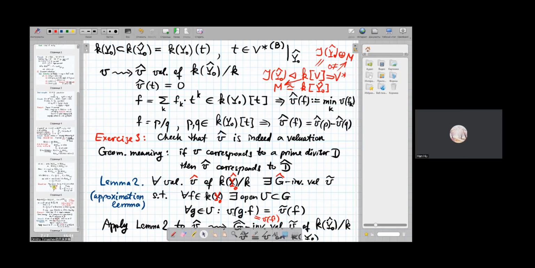Otherwise, V would coincide with V tilde, and this means that your initial V was already invariant, so there is nothing to prove. Indeed, this U may not contain the identity. We shall see where this U comes from in the proof of lemma 2, of course. But so far, it is just a statement.